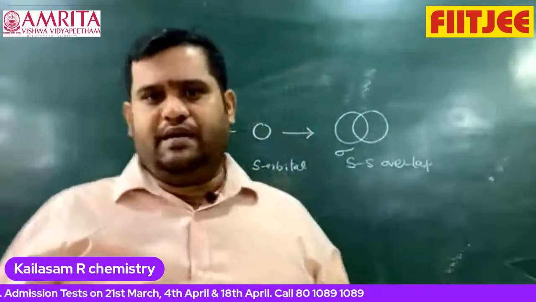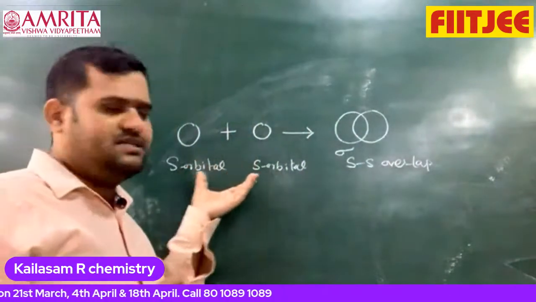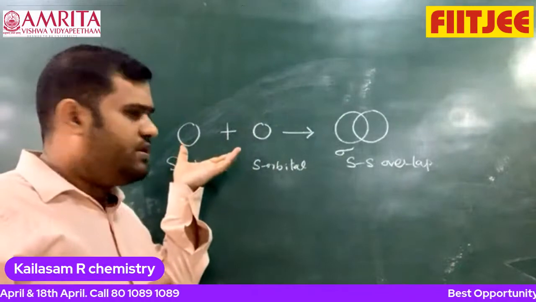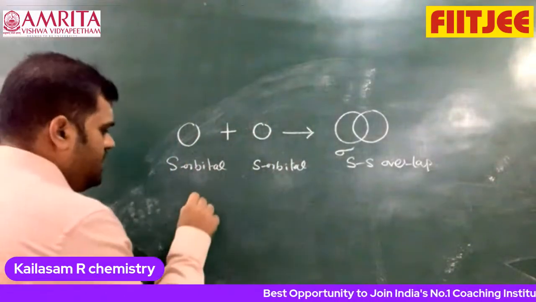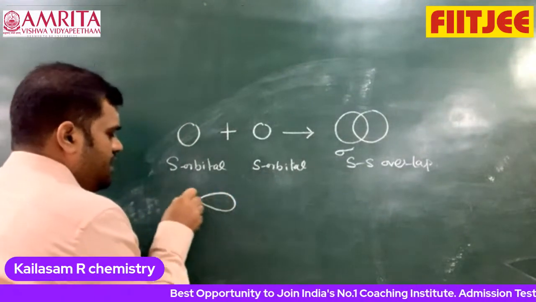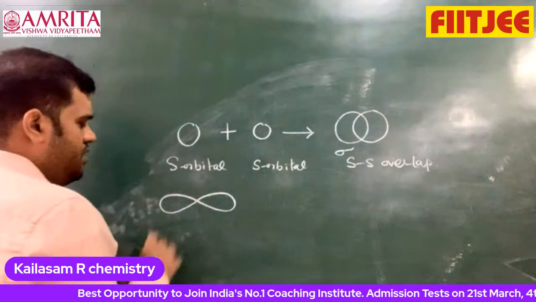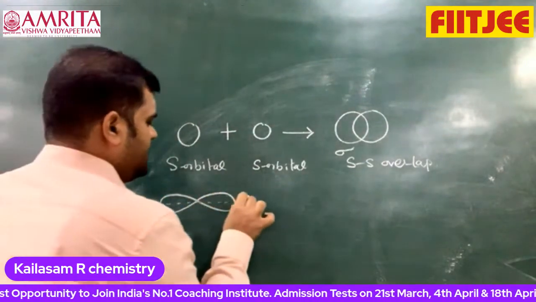Listen, here what type of overlap? SS overlap, when the s orbital overlaps head-to-head. Now this is the p orbital. This is the internuclear axis.